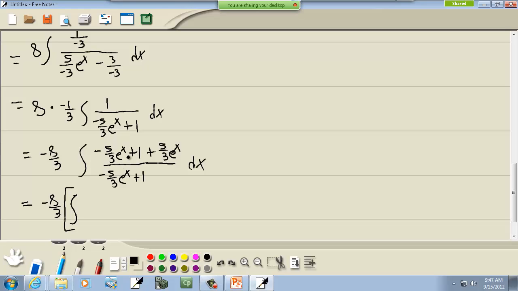So I have these I'll put over this denominator. So I got -5/3 e to the x +1 over -5/3 e to the x +1, plus, that's dx. And then I'll put this 5/3 e to the x here over the denominator.